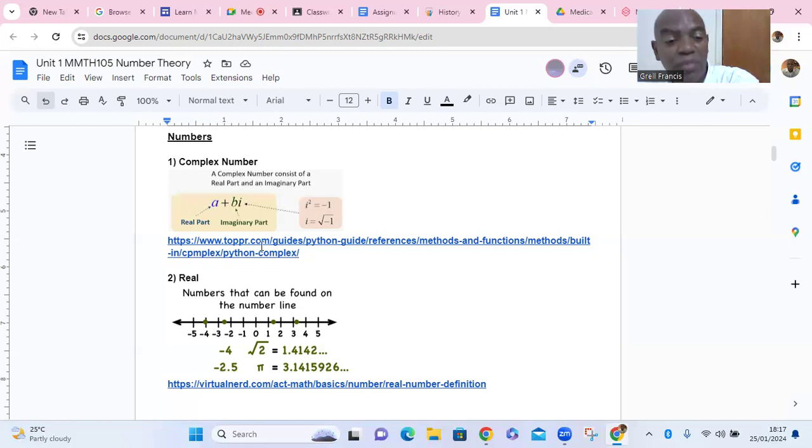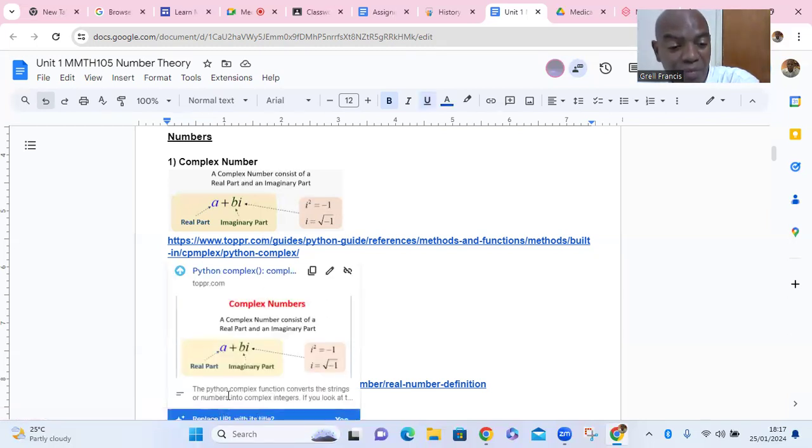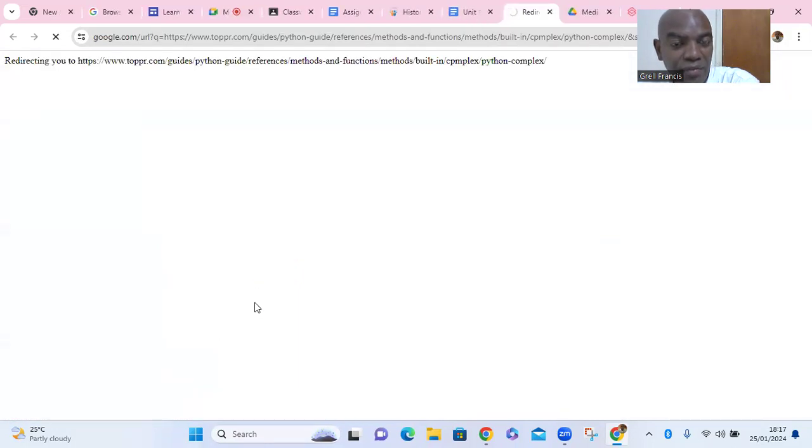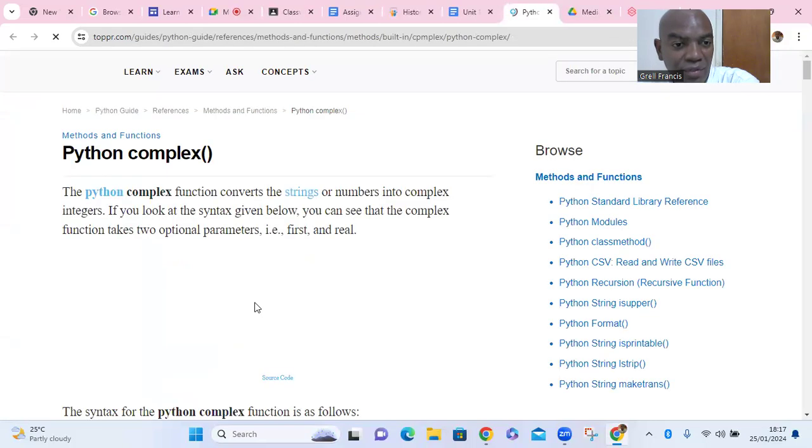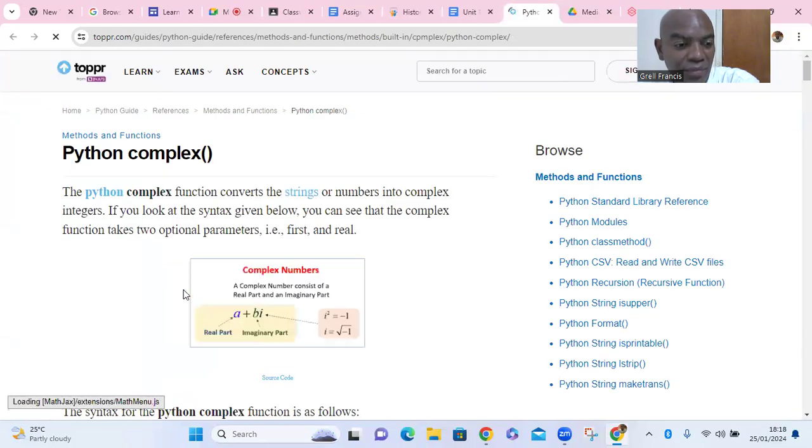So let's see what this website has to offer. Let's click on it. The Python complex function converts the string of numbers into complex integers. If you look at the syntax even below, you can see that the complex function takes 2 optional parameters. First, a real.